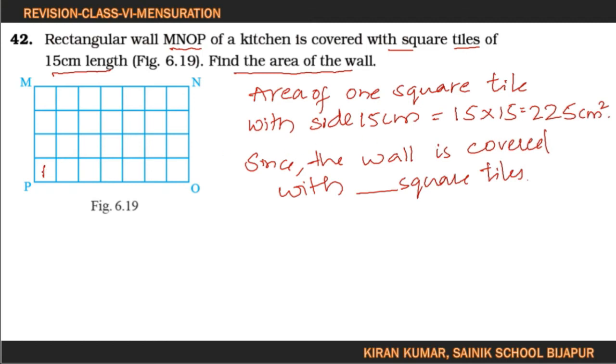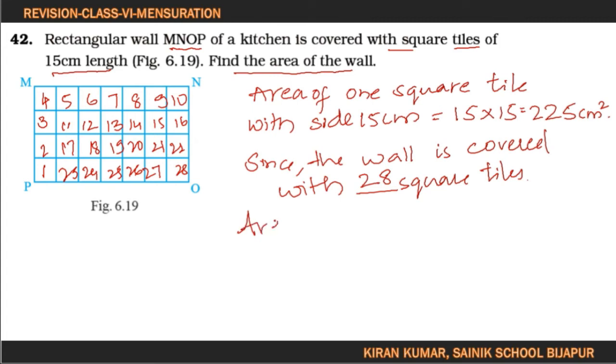Let's count. 1, 2, 3, 4, 5, 6, 7, 8, 9, 10, 11, 12, 13, 14, 15, 16, 17, 18, 19, 20, 21, 22, 23, 24, 25, 26, 27, 28. You can count it like this, or else here it's 4, 1, 2, 3, 4, 5, 6, 7. 4, 7 times is 28. So 28 square tiles are there.